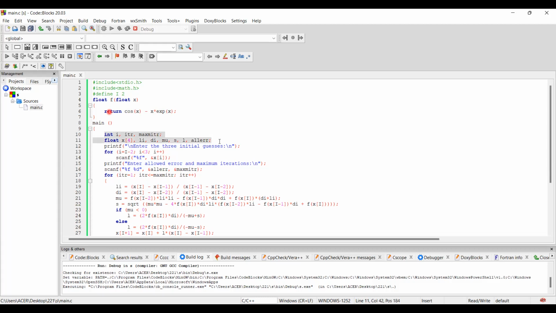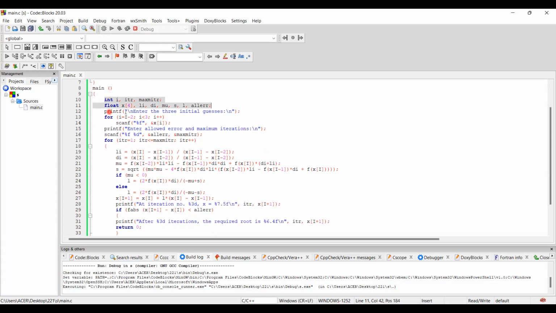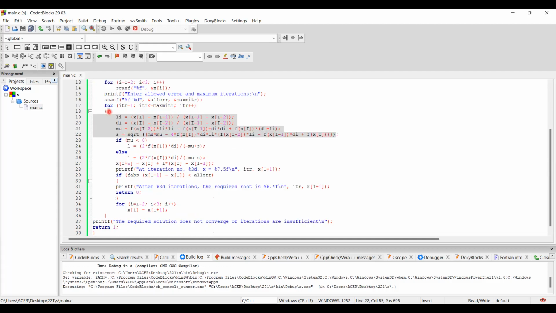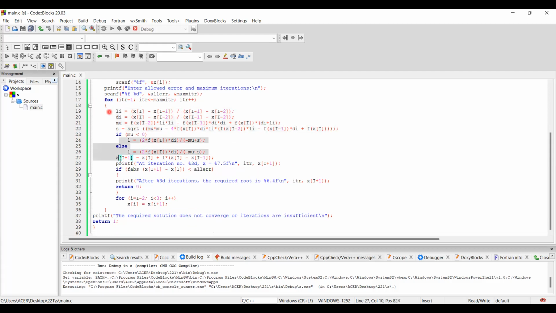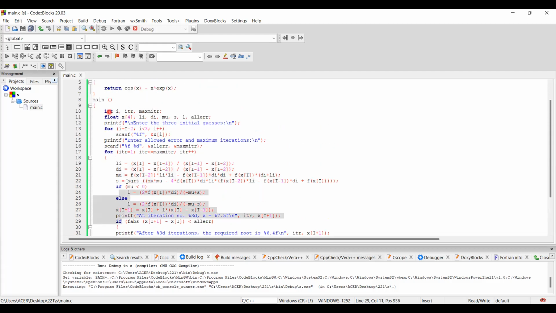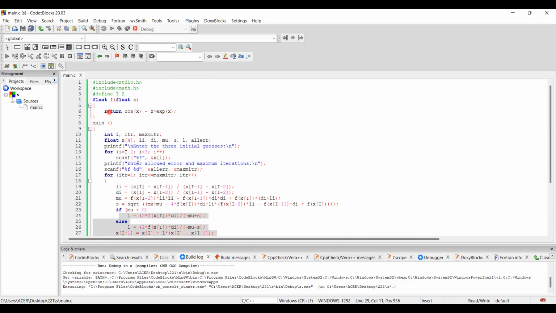And these are the declarations. It asks the user to enter the initial guesses. Then here, allowed error and maximum iterations. So this is where the A, B, C are solved, as well as the x3. So if else statement, then let's try this program code.